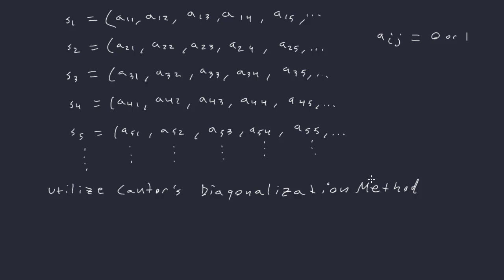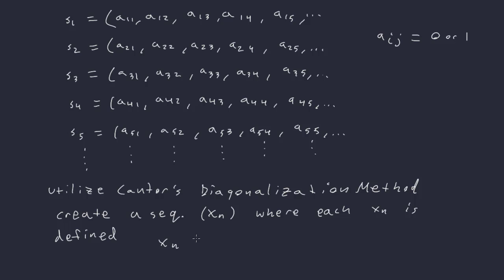So we're going to utilize Cantor's diagonalization method in that we create a sequence, let's call it x_n, where each x_n is defined in the following way. x_n is going to be equal to 0 if a_nn is 1, and it will be 1 if a_nn is 0.